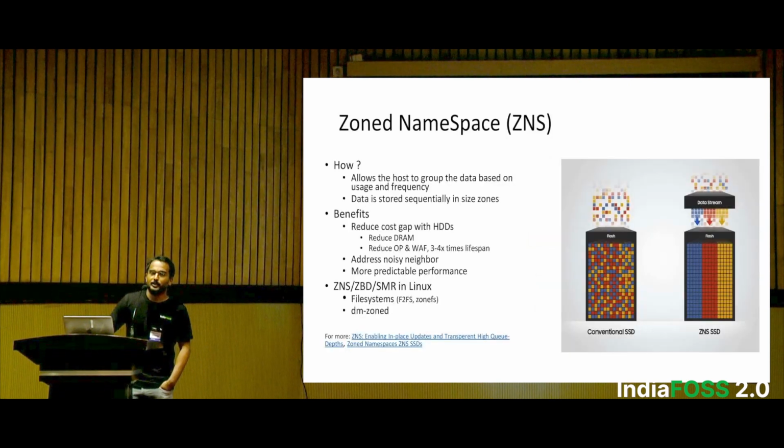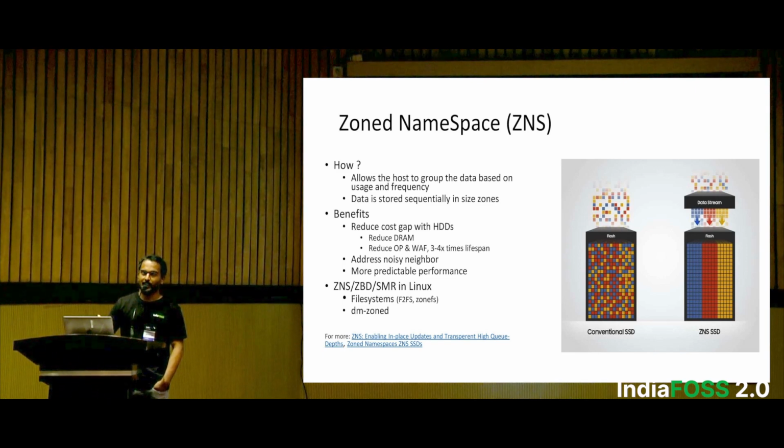And the next set of SSDs was ZNS, which gave still more power to the host, wherein the host can decide exactly which block to read from. And since more offloading happened in the host, this required less DRAM on the device side, and the cost was reduced. This also addressed the multi-tenancy problem, wherein SSDs usually don't like a mixed load.